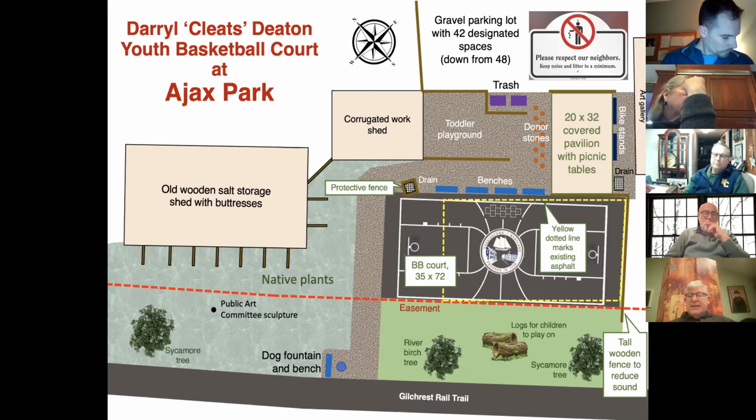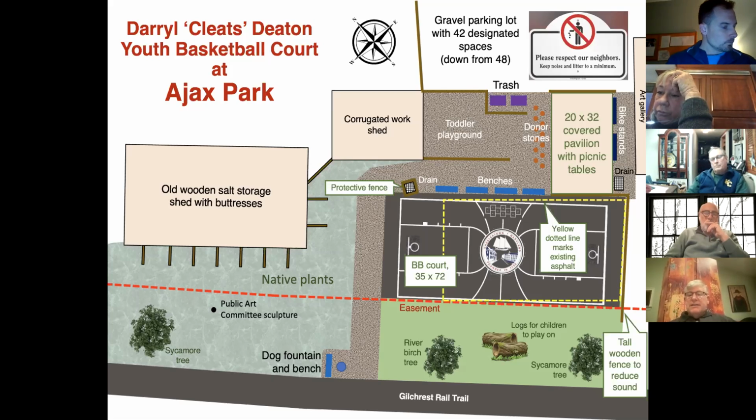And we feel that being a smaller than standard size court, it would be less attractive for adults to use. So we would put up signage to emphasize that the intention is for youth.